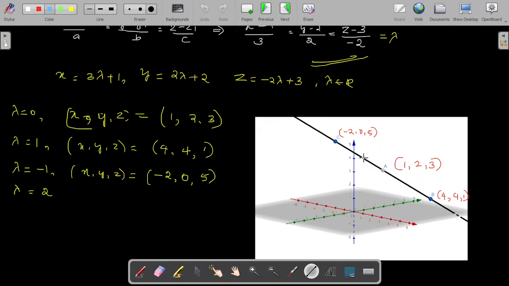The equation of that line is x minus 1 by 3 equal to y minus 2 by 2 equal to z minus 3 by minus 2. This is geometrically drawing the line, and algebraically describing it using the equation of a line.